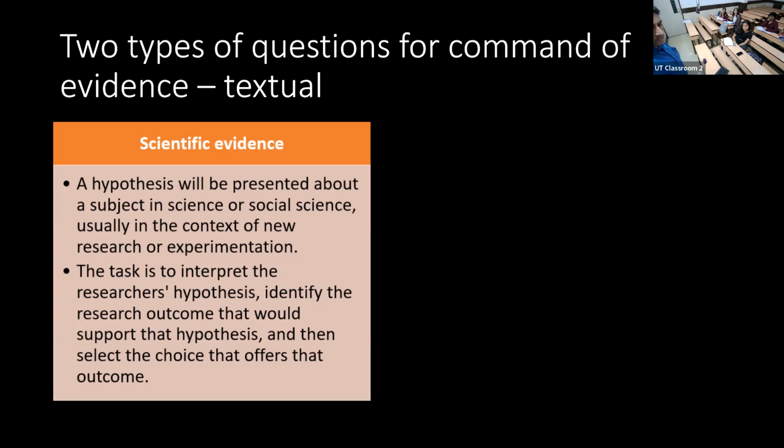The task is to understand what this hypothesis is and then find what would support the hypothesis in most of the cases. Questions to weaken the hypothesis can also come, but mostly it should be supporting. But you should read carefully what the question is. I'll tell you how to actually do it, but this is it.